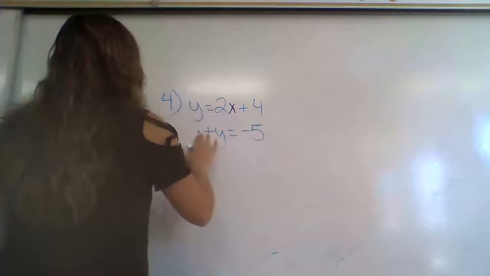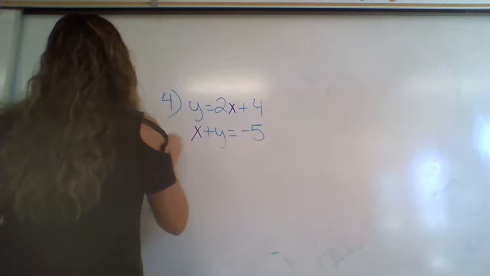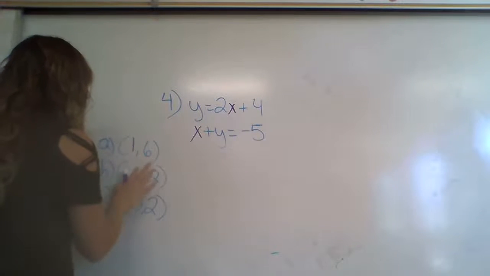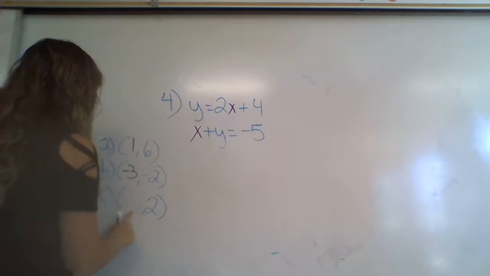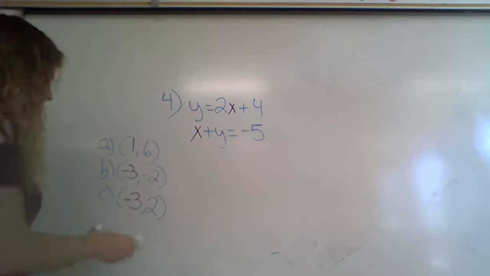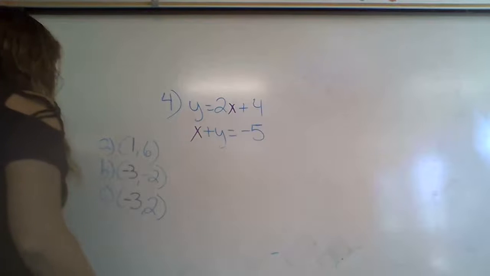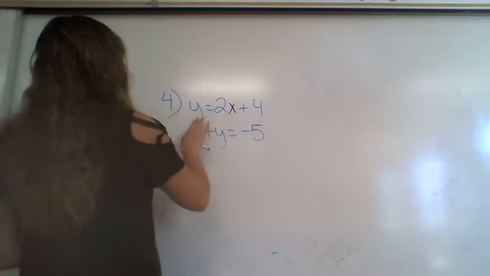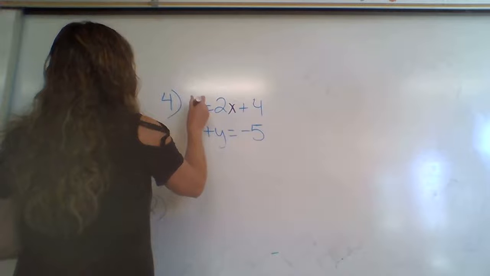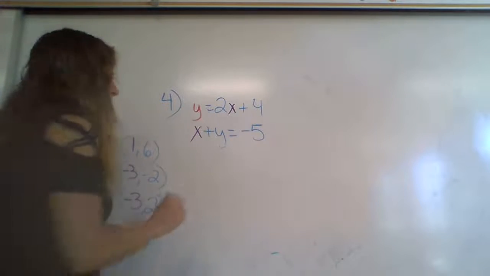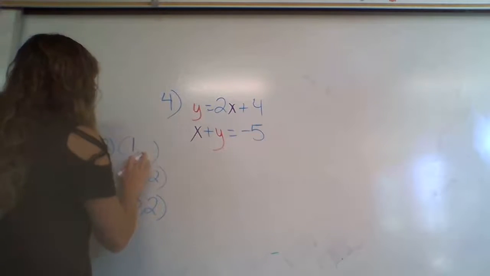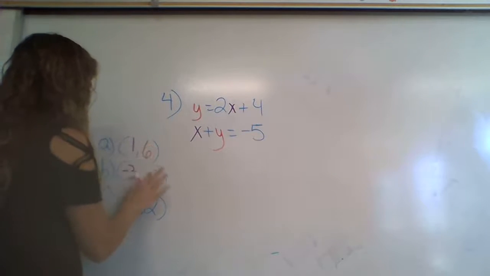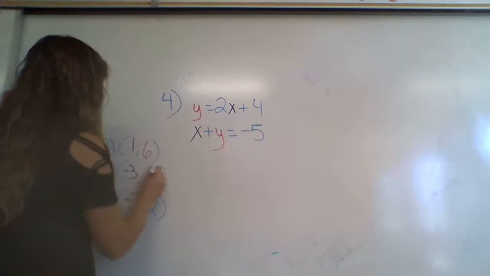X will be purple, and Y will be red. Yeah, I like that actually a lot. So I'm changing all my Y values to red just to color coordinate. Obviously, you don't have to do this.